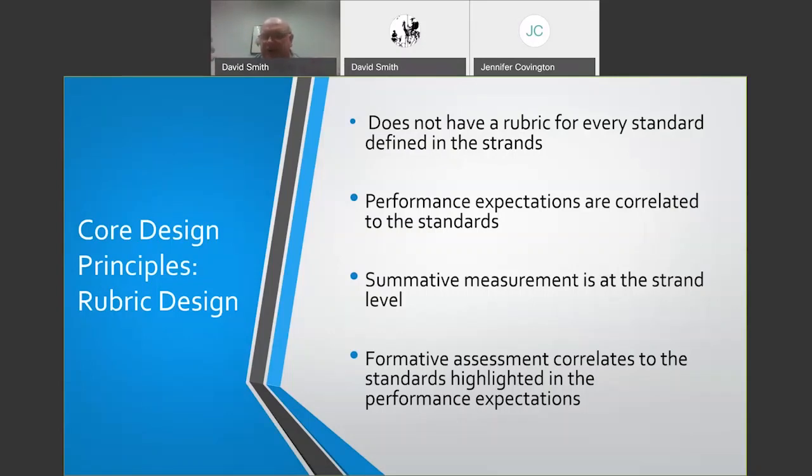So that's where that correlation to the standards comes in. So the standards are very important, but we're not evaluating every single standard when it comes to summative evaluation. We're looking at them formatively.